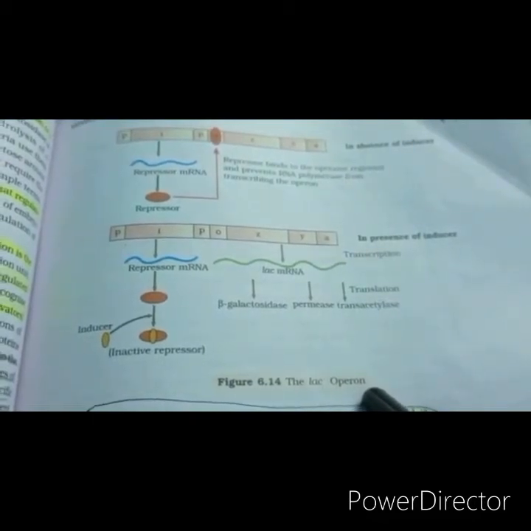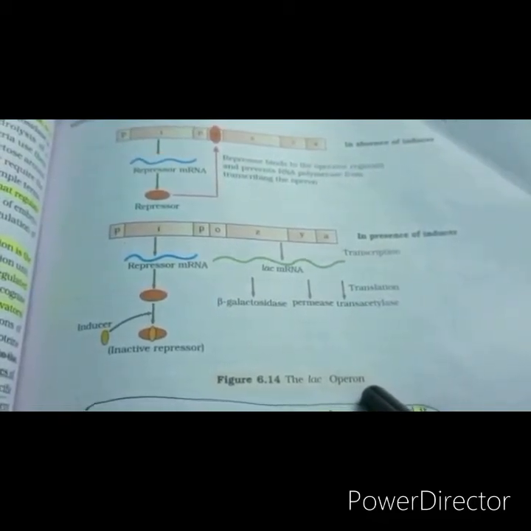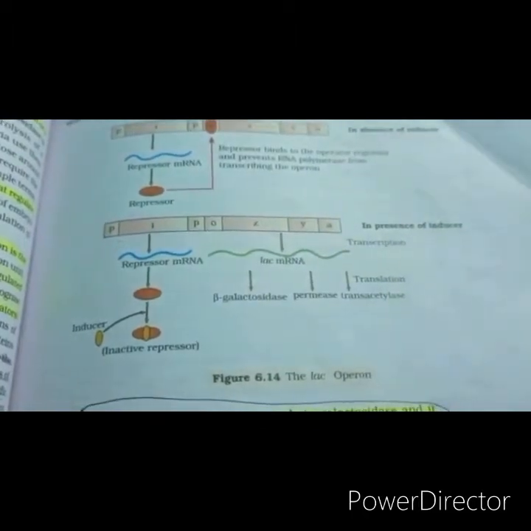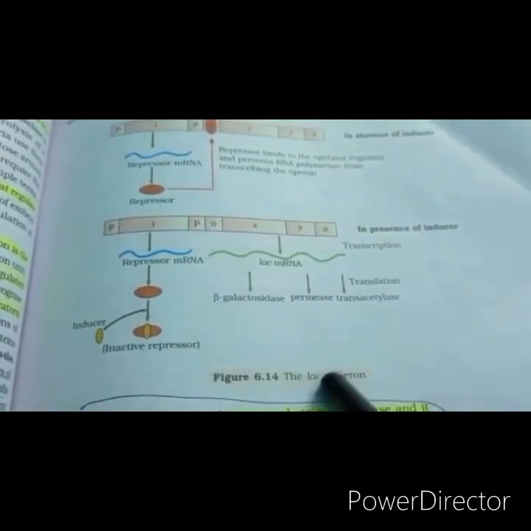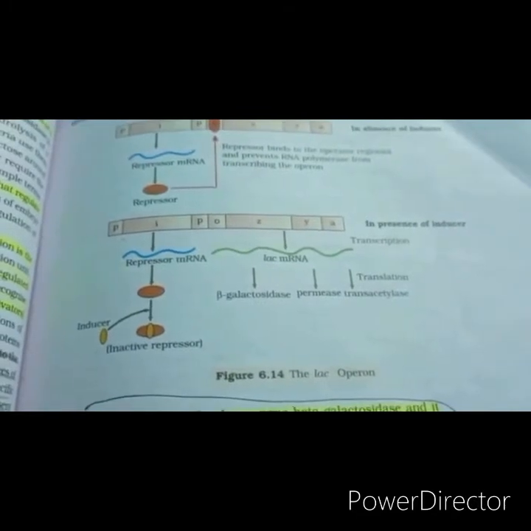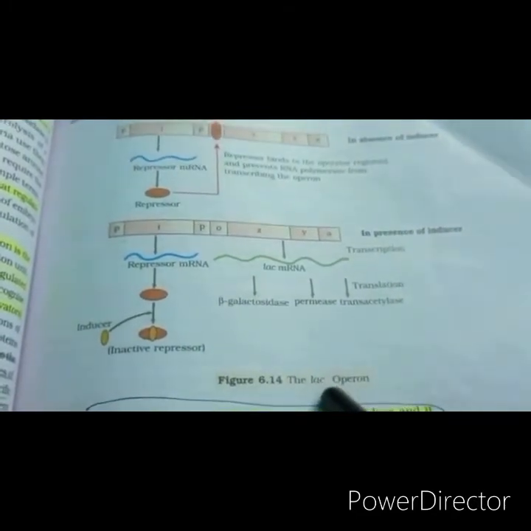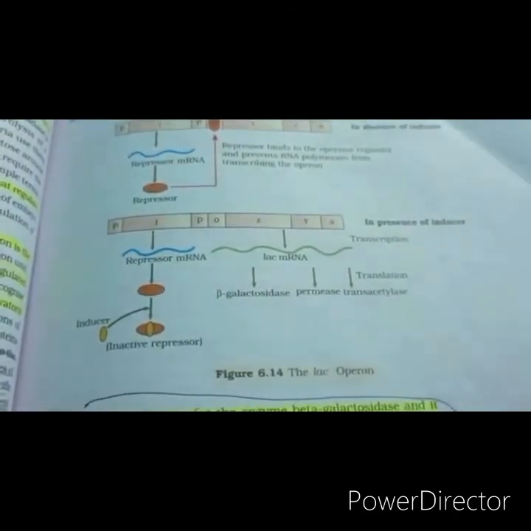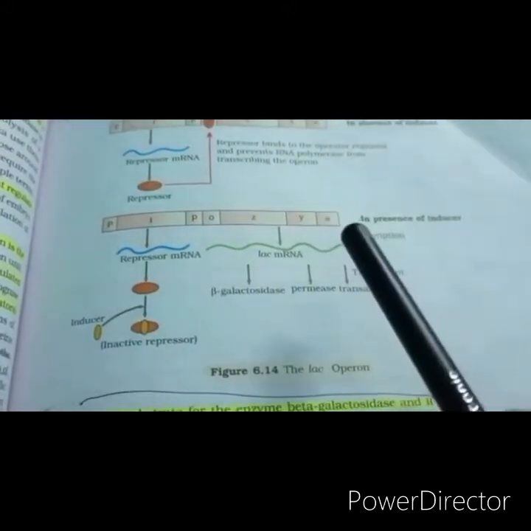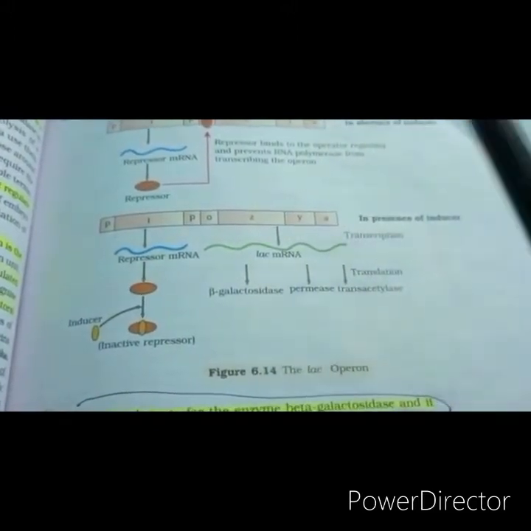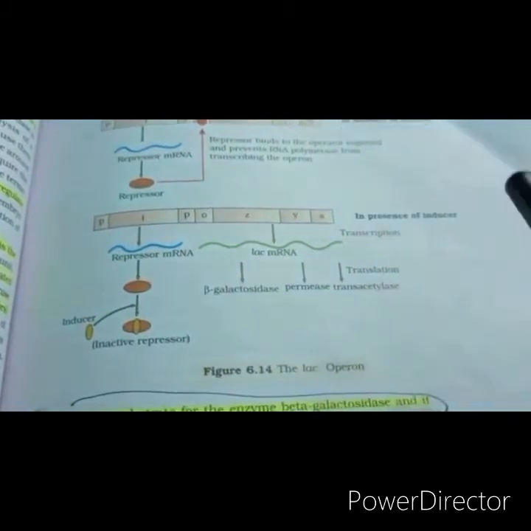Inducible operon means it is only going to operate in the presence of lactose. Here, lac indicates lactose. So in the presence of lactose it's going to function, and in the absence of lactose it's not going to function at all. Its function is going to be inhibited in the absence of lactose.